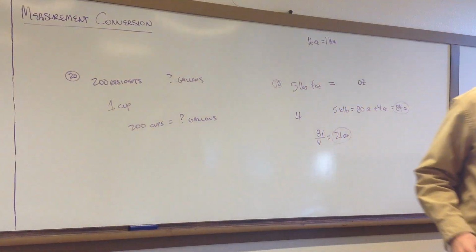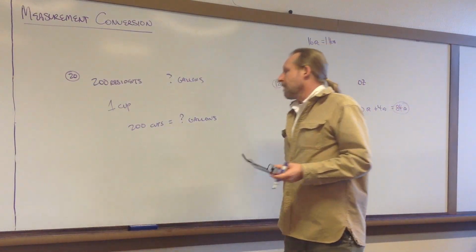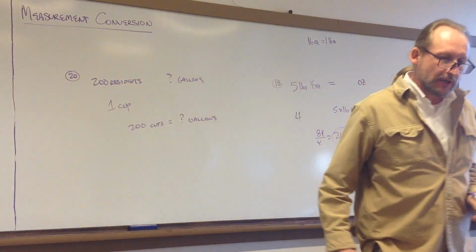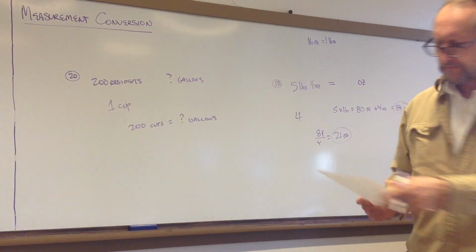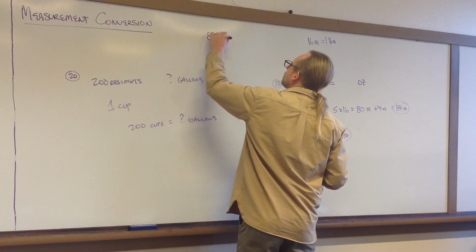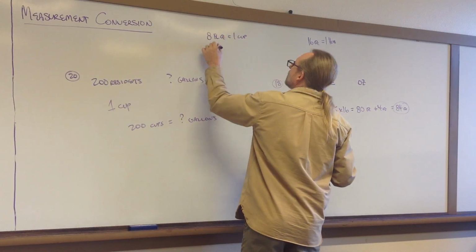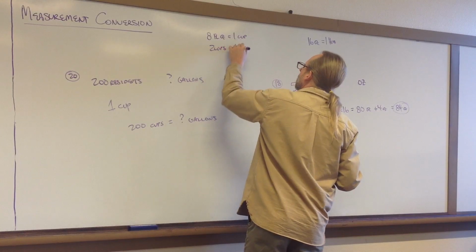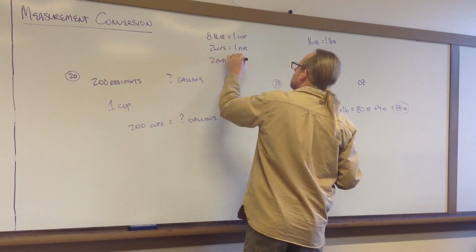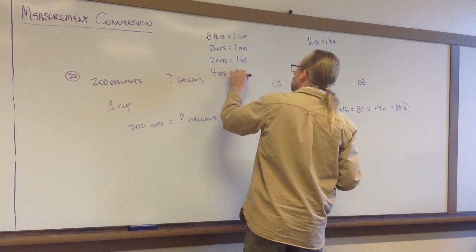Now you could take this whole thing and convert it all into ounces, and that's one way to go about doing this. I'm going to kind of build this up. Let's see, 200 cups, let's take our conversion sheet. So there's 8 fluid ounces in 1 cup, 2 cups in a pint, and 2 pints in a quart, and 4 quarts in a gallon.